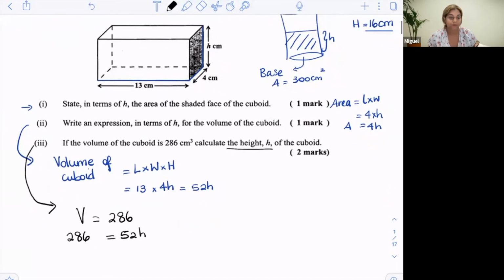Find H. And you will get a decimal. Remember, for the measurement question, your units is important. So if it is centimeters, meters, you need to write that, okay?